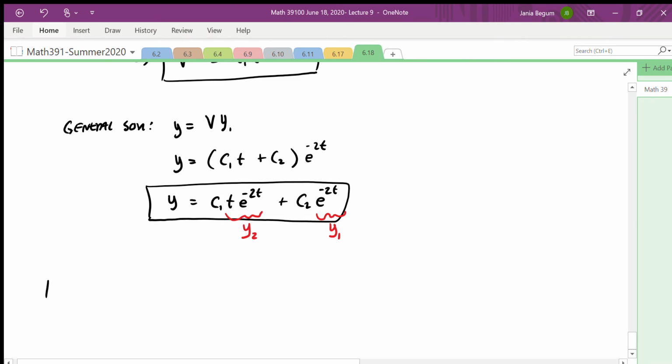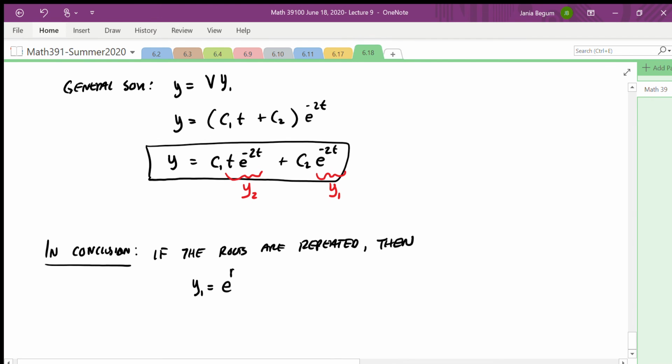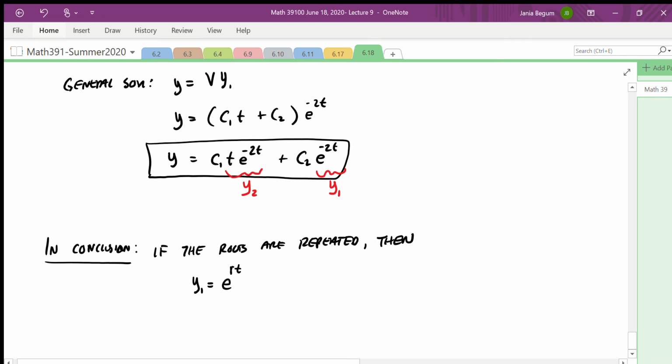So in conclusion, if the roots are repeated, then y1 is equal to e to the rt. r1 and r2 are equal, right?